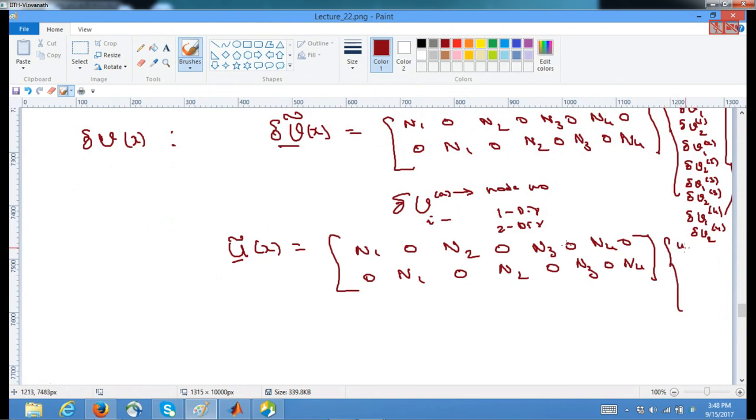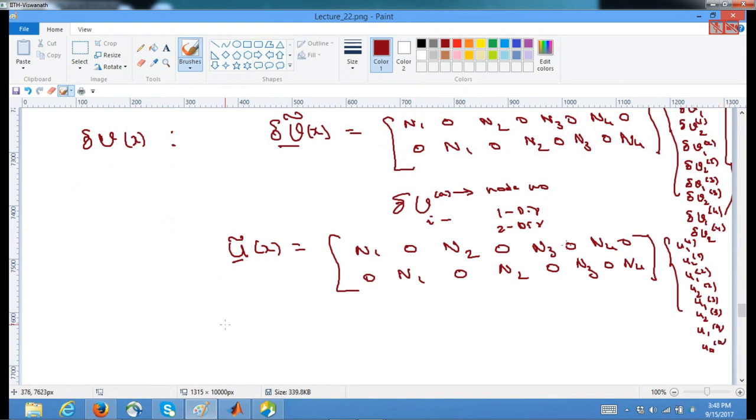This is u1 node 1, u2 node 1, u1 node 2, u2 node 2, u1 node 3, u2 node 3, u1 node 4, u2 node 4.